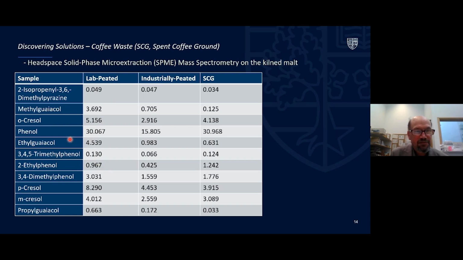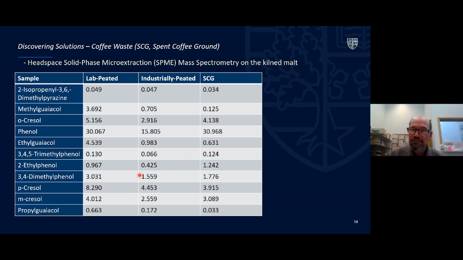Again, these are lists of phenols which will be very interesting to us if we're trying to design substitutes for Scotch whisky. And you can see that there are phenols present in the lab peated, the industrially peated, so these are two different kinds of peated malt, and also the malt that's been treated by SCG. But if you look at the quantities down here, they're variable, so they're not the same ratio of compounds that you see, for example, in the peated malt.